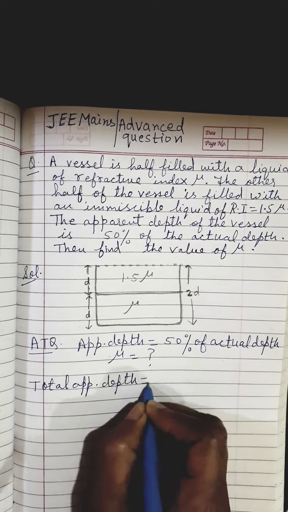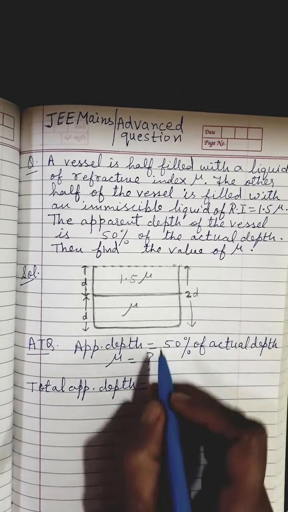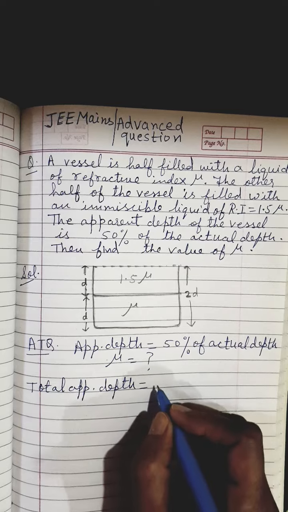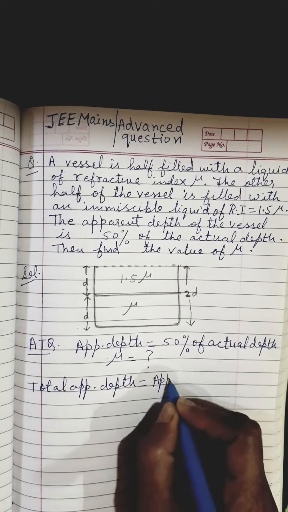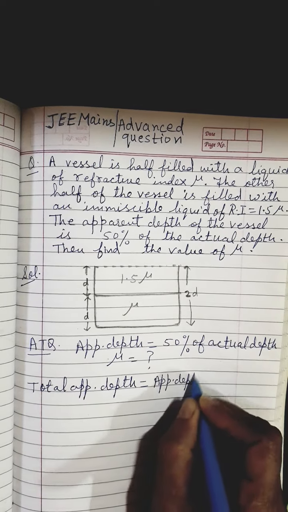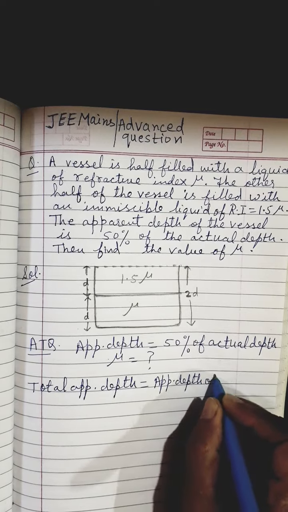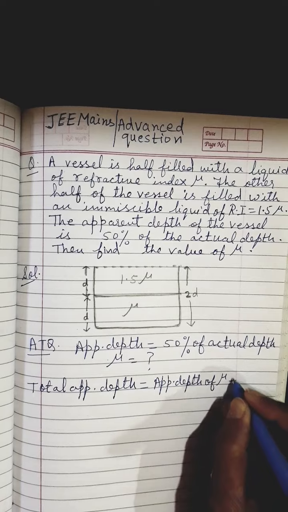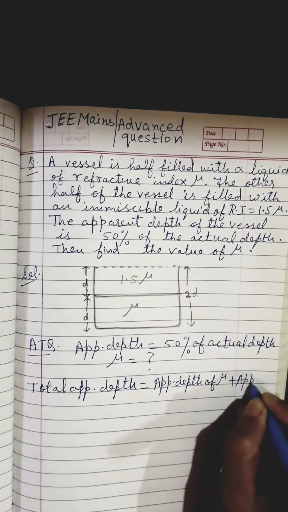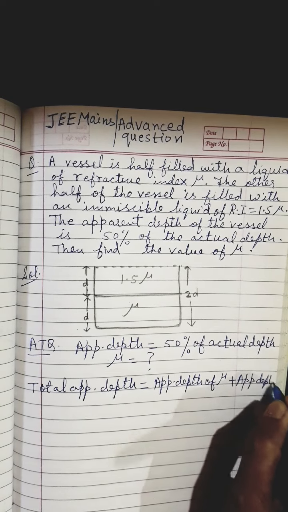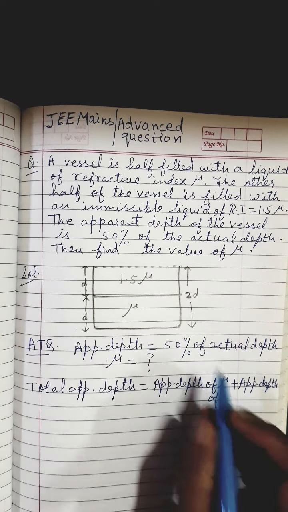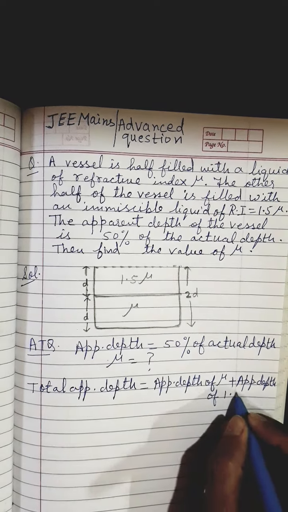Because the vessel is filled with two types of liquid, two different refractive indexes, total apparent depth will be equal to apparent depth of the liquid with refractive index mu plus apparent depth of the liquid with refractive index 1.5 mu.